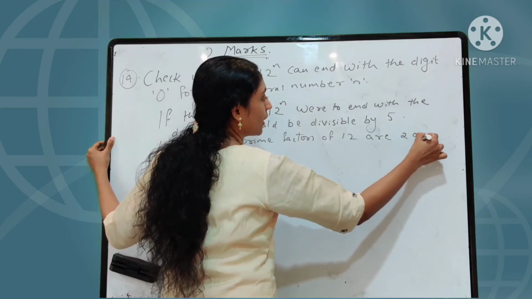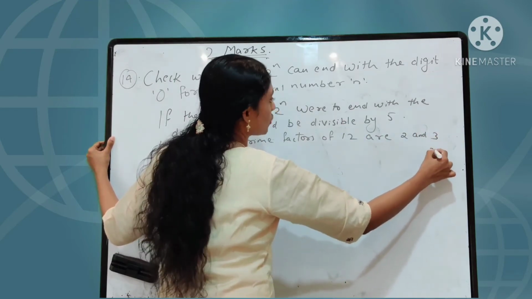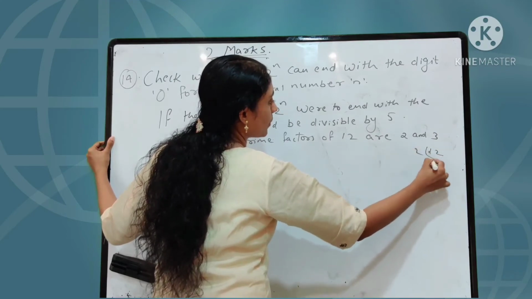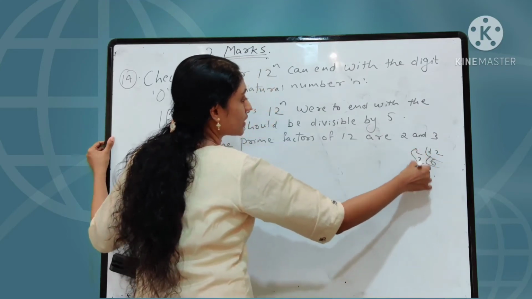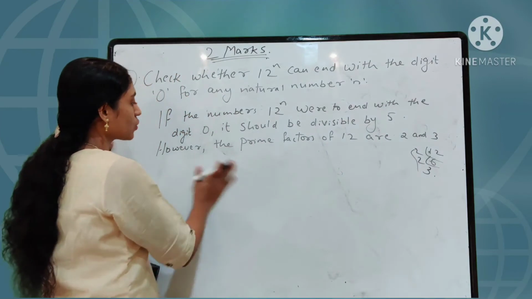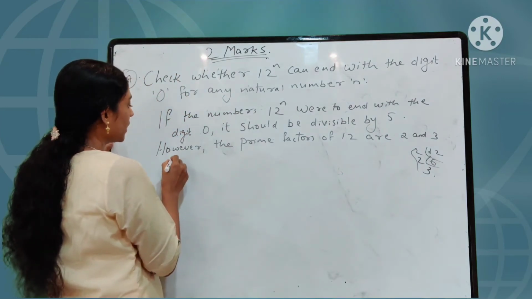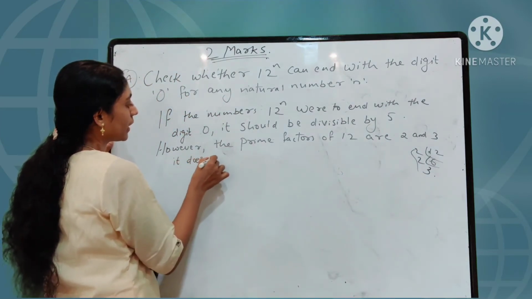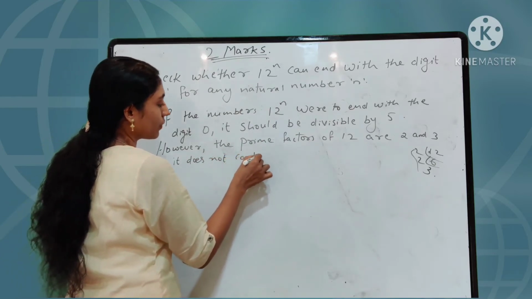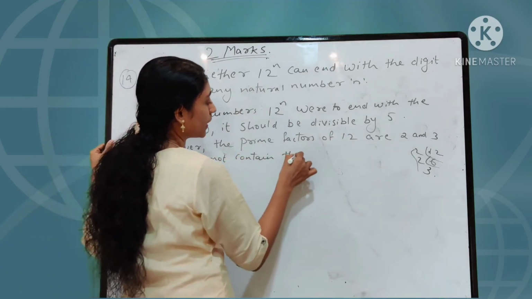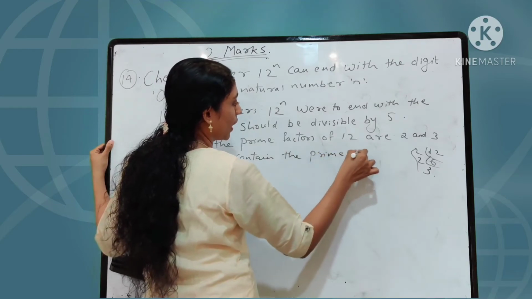2 and 3. Why? Because you have to write this one, 12 raised to n, right? So 12, its prime factors are 2 into 2 into 3. That means its prime factors are 2 and 3. So we can say that it does not contain the prime number 5.